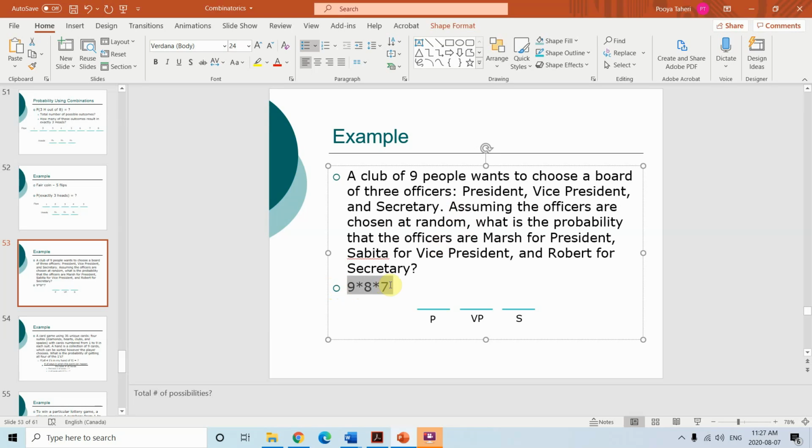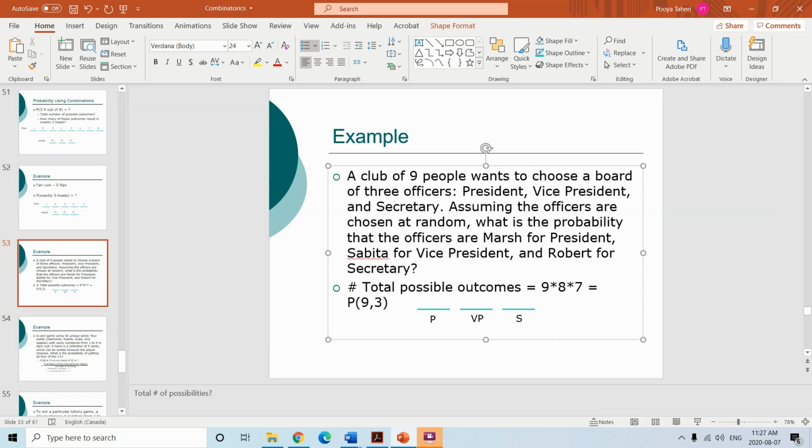So these are how many different ways we can select. This is the number of total possible outcomes, 9 times 8 times 7.